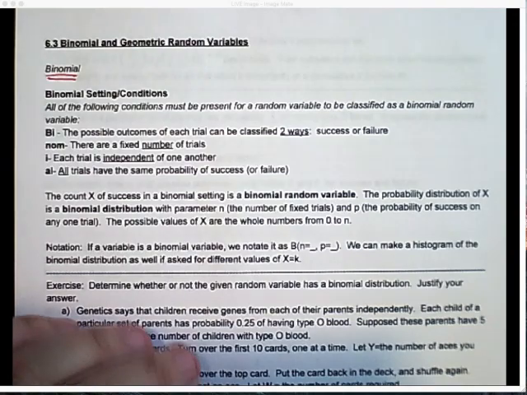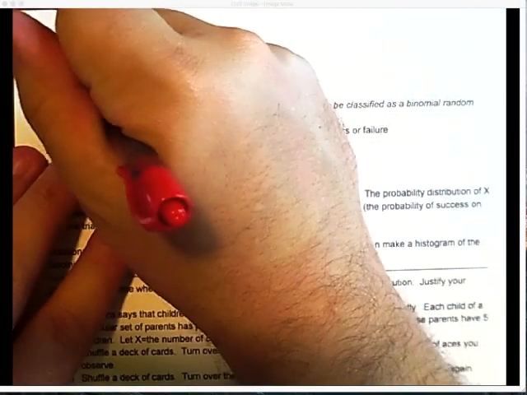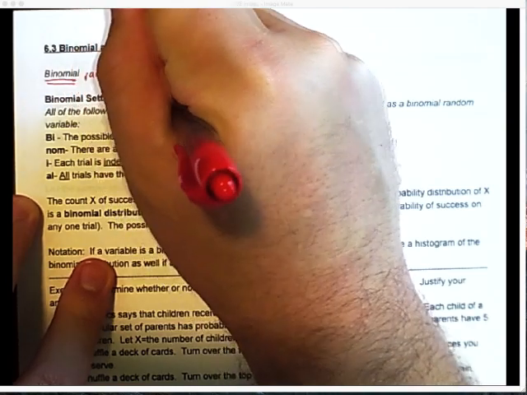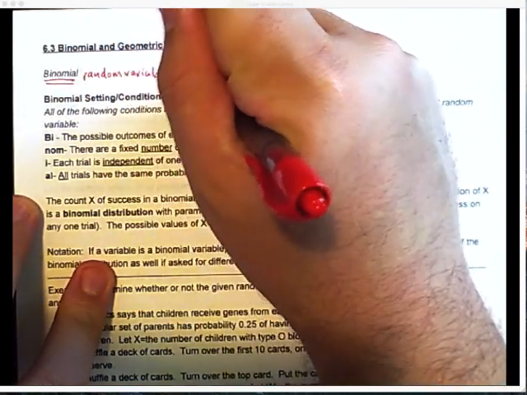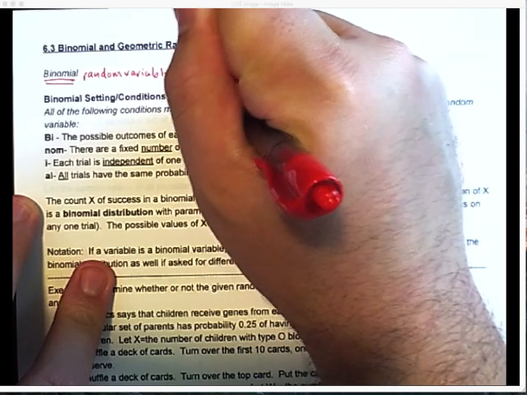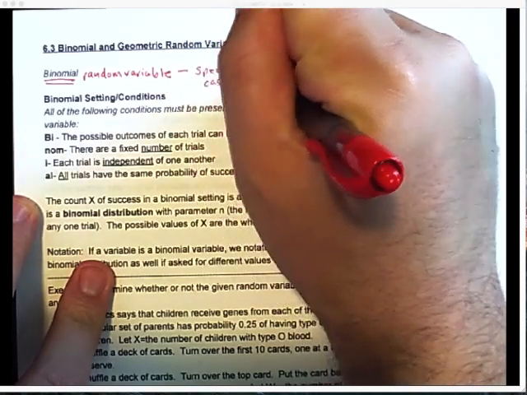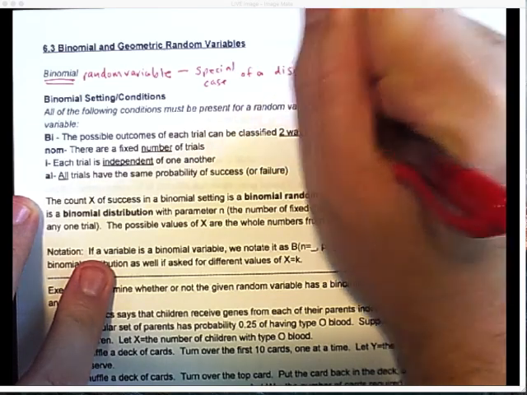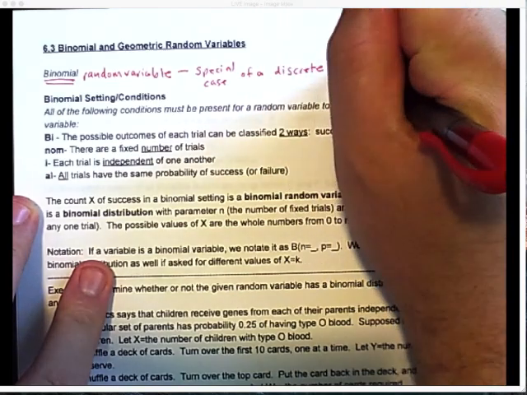random variable. Okay, so a binomial random variable is a special case of a discrete random variable.